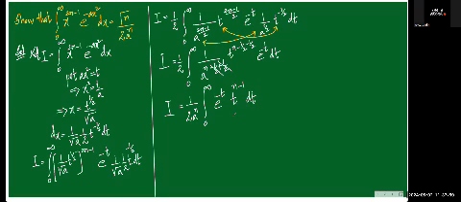Now what is the value of this one by definition of gamma function? By definition, the value of it is gamma n by 2 a power n. We have to prove that, and we proved it.